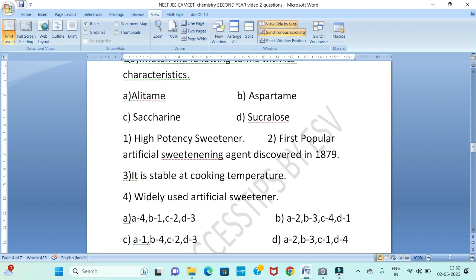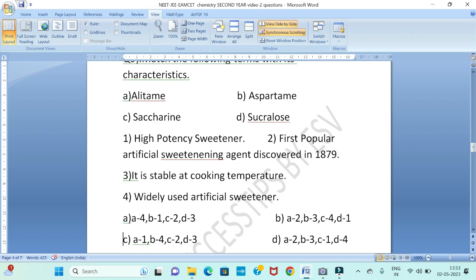Sucralose, D3. It is stable at cooking temperature. Sucralose means stable, SE. Sucralose SE, stable also SE. Here also SE, but I am taking saccharin as the first artificial sweetening agent.